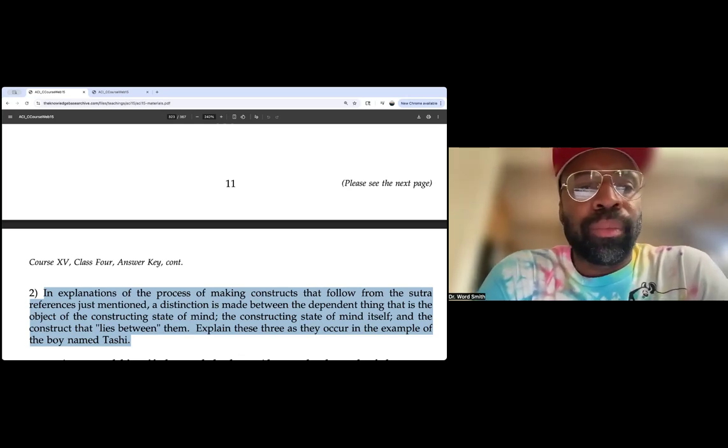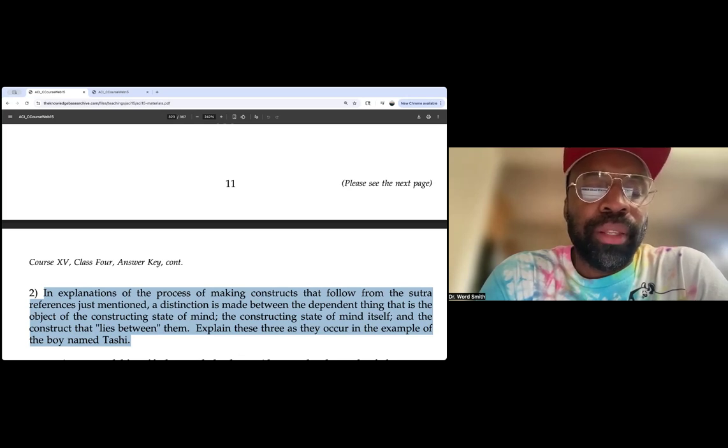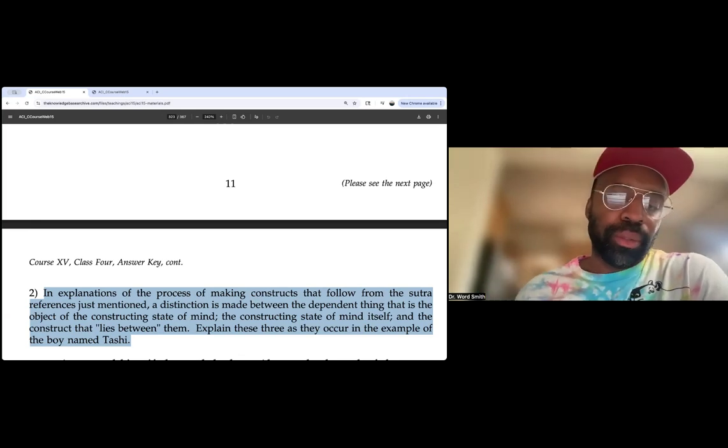I don't know. Basically, you have a person that's merely labeled Tashi, but could have been named anything else. And the name itself is arbitrary or just made up. So those are the three, I think.